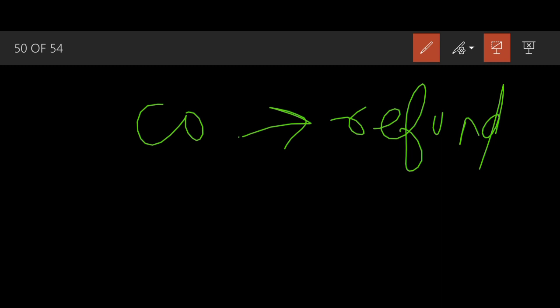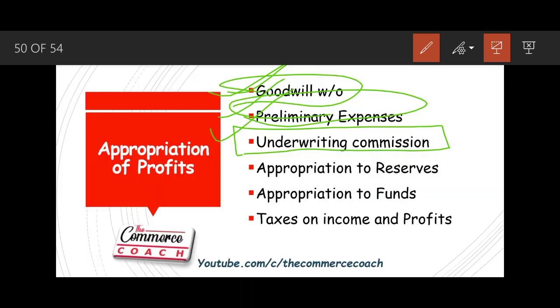So due to such a reason, the company hires underwriters who promise the company that if the shares are not subscribed by the public, then we will be subscribing such shares, or we will suggest some people who will be subscribing to the shares, and on such subscription they charge commission.